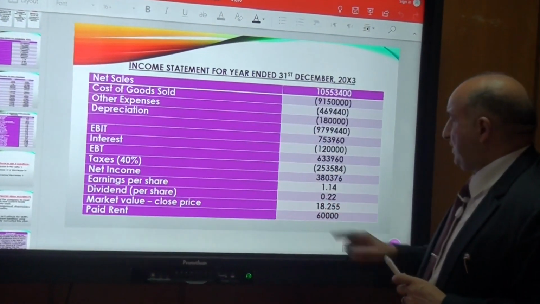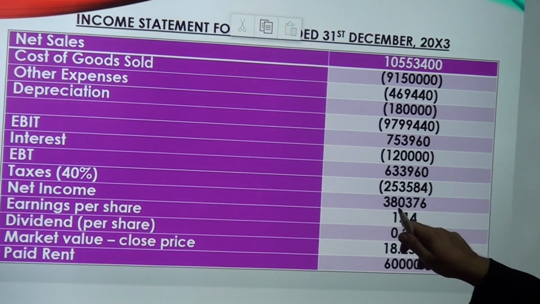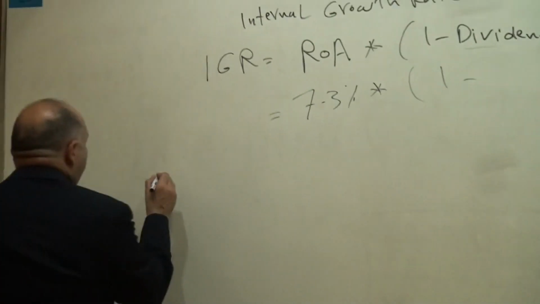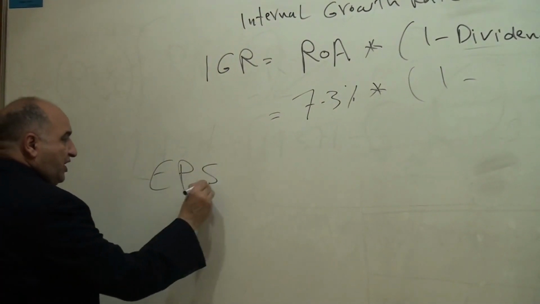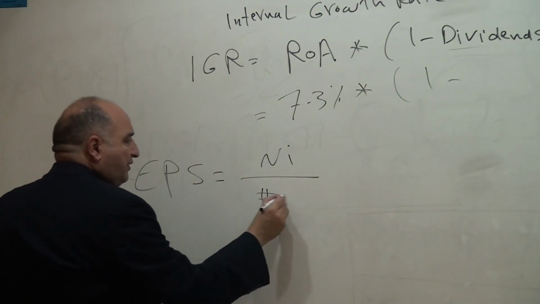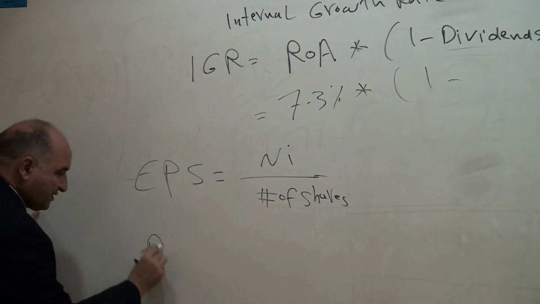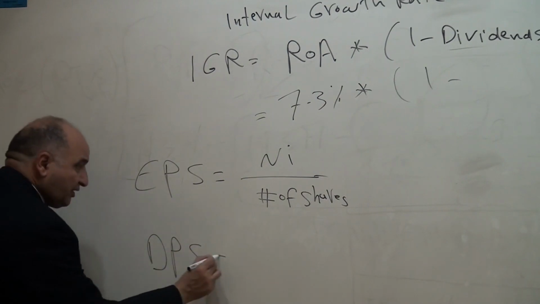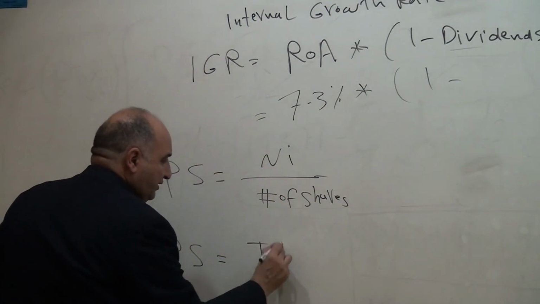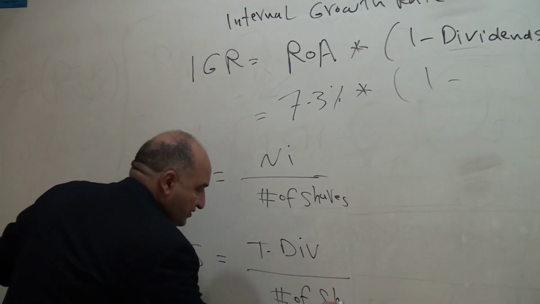Okay. This is the dividends per share, 0.22. And this is the earning per share, which is 1.14. Earning per share equals net income divided by number of shares. Dividends per share equals total dividends divided by number of shares.